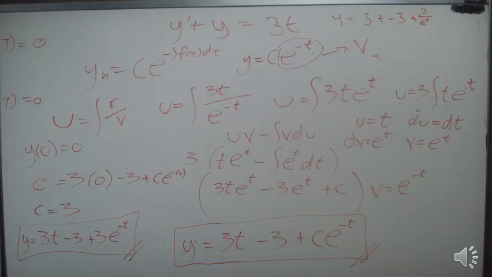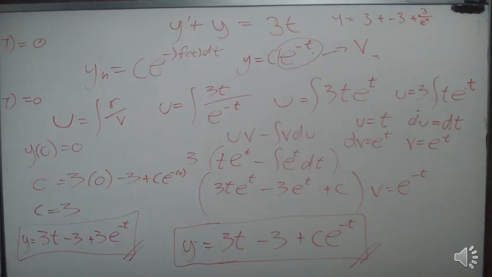That is an integration by parts, which would be u v minus the integral of v du. So our u will be t, and du would be dt. dv would be e to the power of t, and v is e to the power of t.